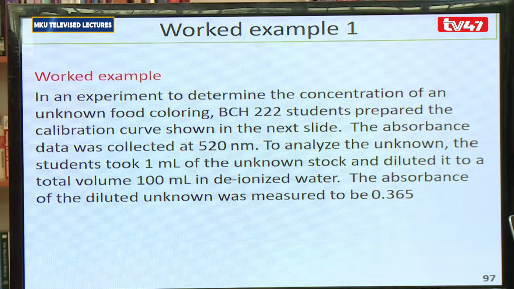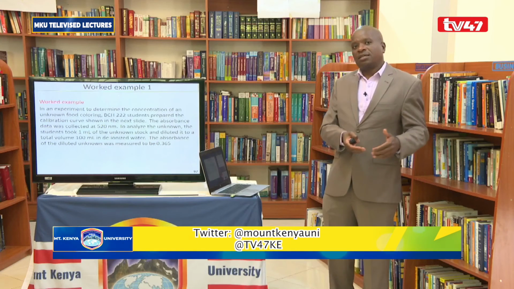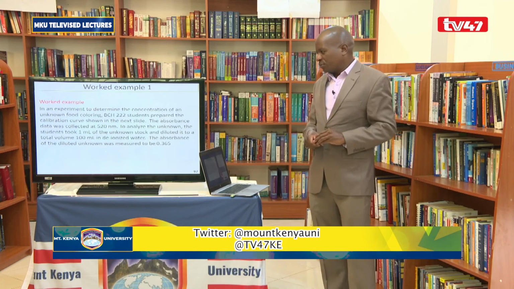To analyze an unknown solution, they took an mL of the unknown and diluted it to 100 milliliters. Remember, dilution is important because the unknown might be very highly concentrated, so we need its absorbance to fall within the calibration curve.